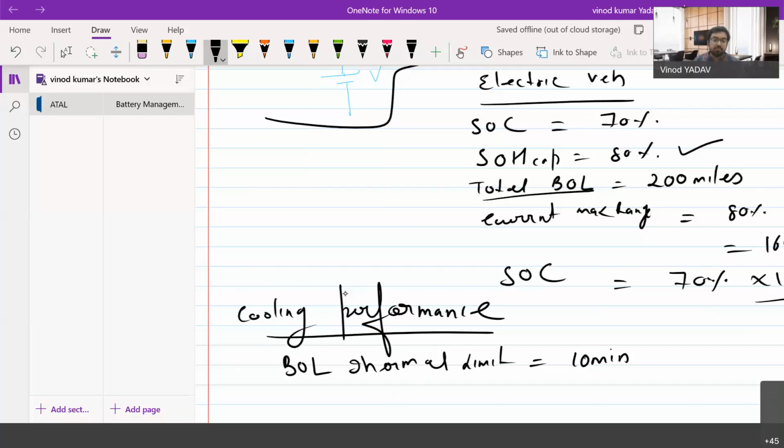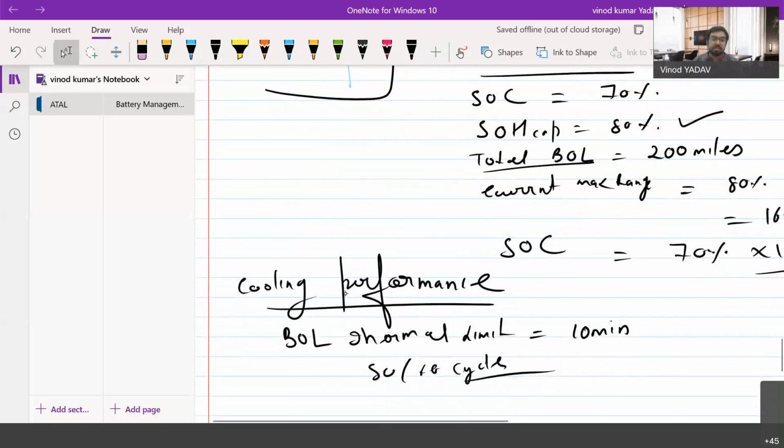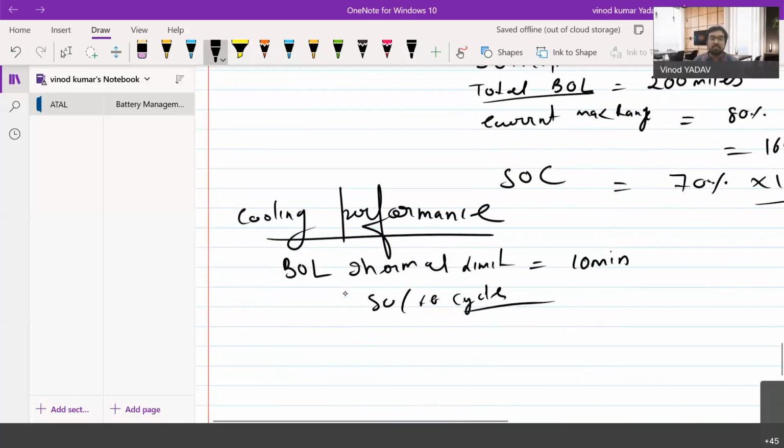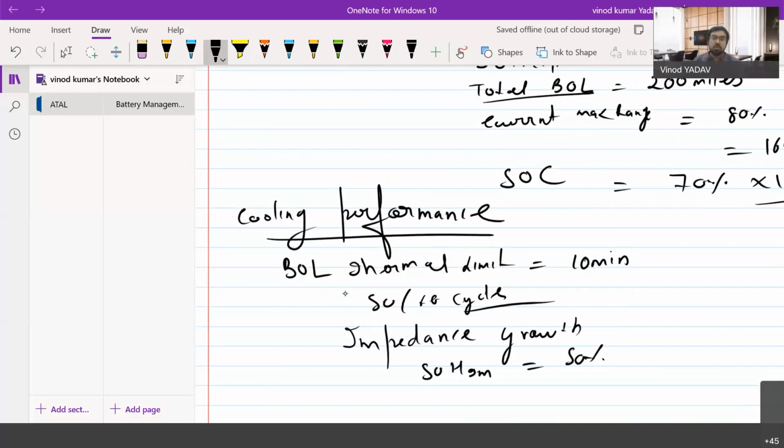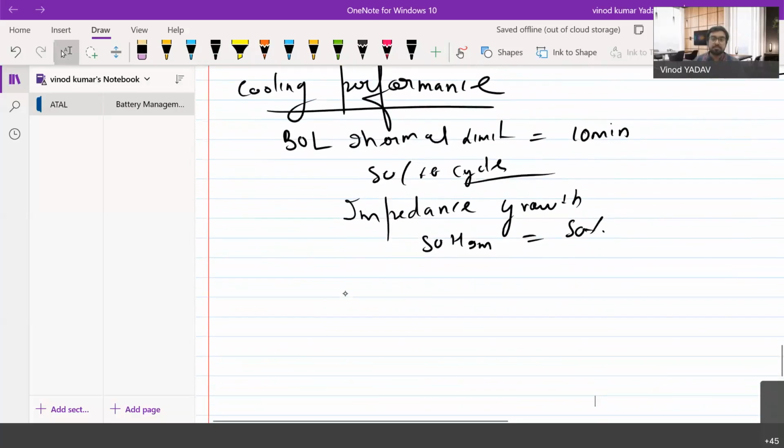After, let's say, 50 or 60 charge cycles, the impedance growth, or that SOH impedance value, is 50%. So the new thermal limit will be 50% of this, that is 5 minutes.